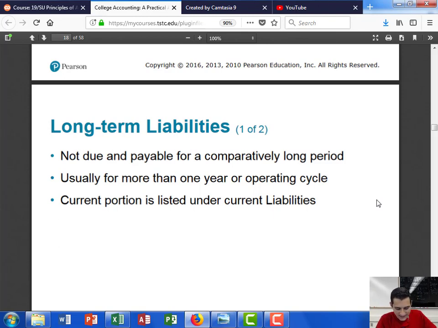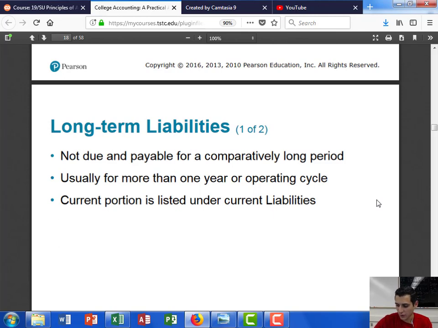It tells you in the note that you're going to pay $890 for your current liability payment. That means you still have a certain amount left over to pay. That remainder from that $1,260 minus that $890 will be your long-term liability amount. If you don't include that in your balance sheet, you're going to be off by a certain amount and you're not going to balance in that balance sheet, okay?